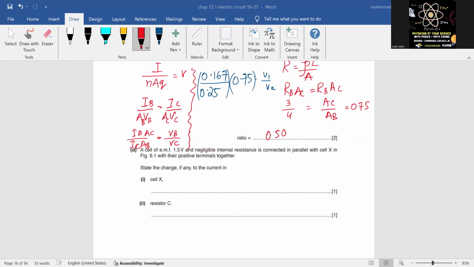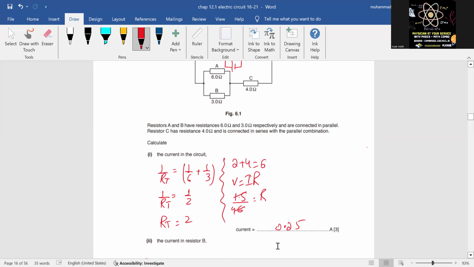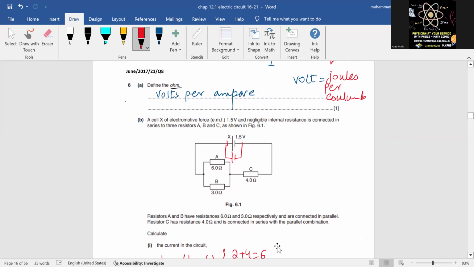I don't know, sir. Okay. But always keep in mind, whenever you use two batteries in parallel, the current will be exactly divided by 2, right?